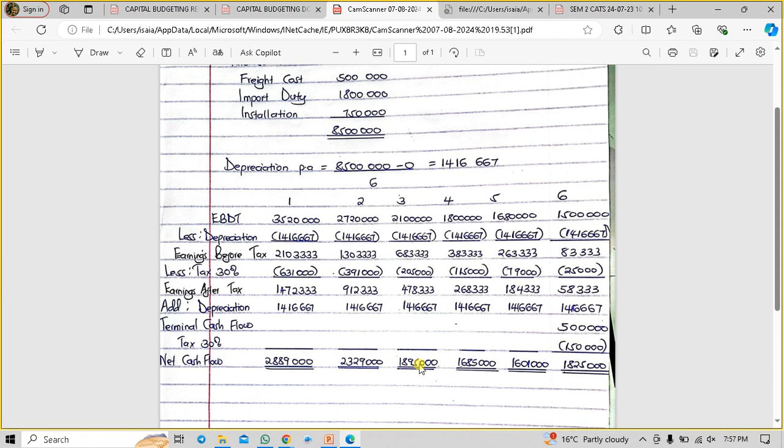Yes. So that means that in the fourth year, we are going to take 3 years plus 1,387,000 divided by this amount in the fourth year, 1,685 thousand.